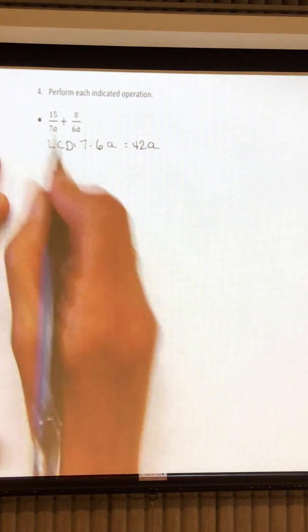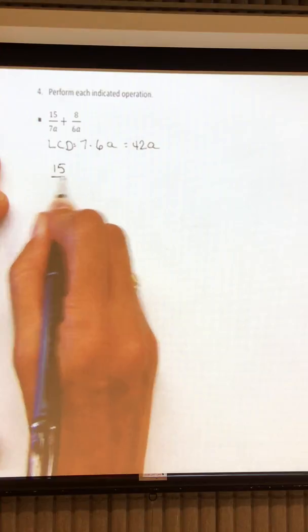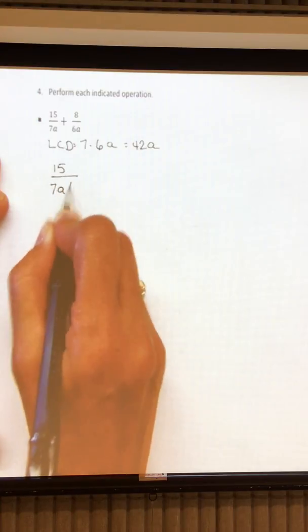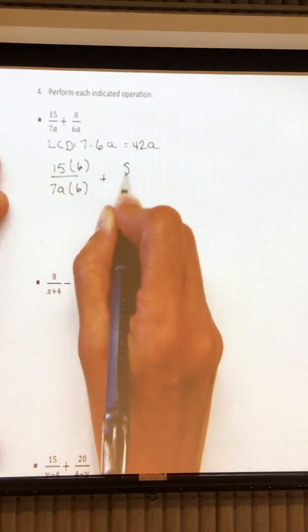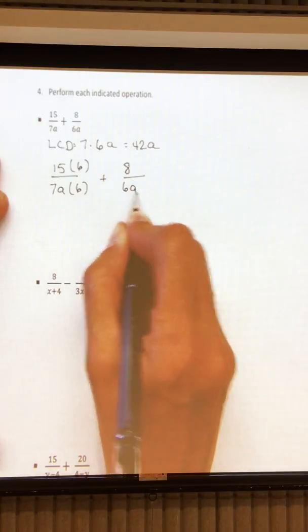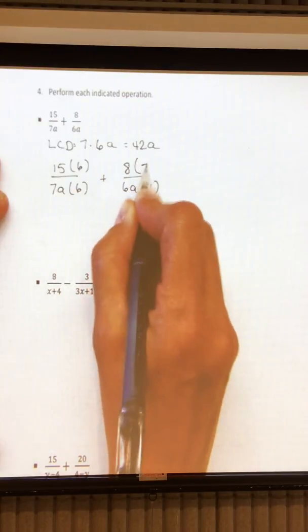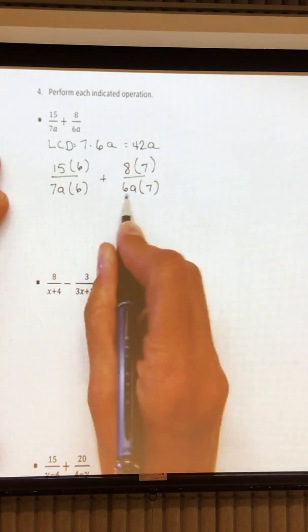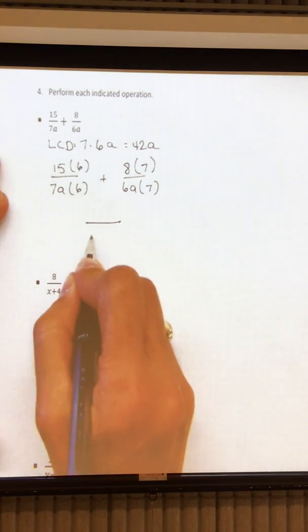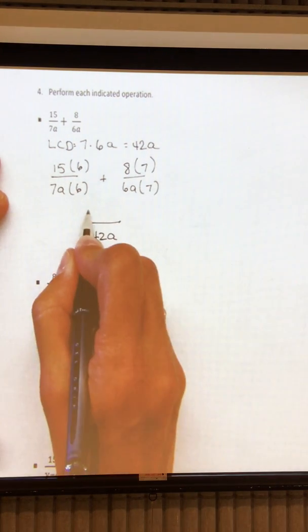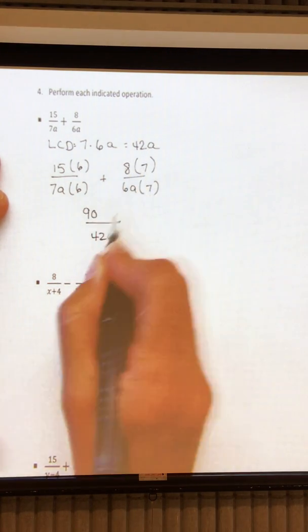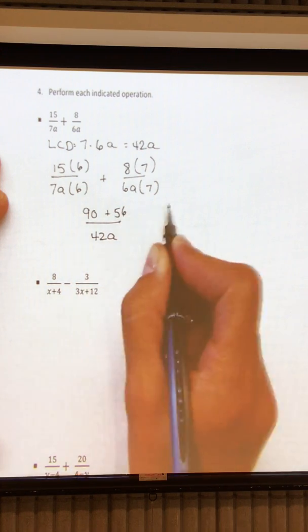So here we need to multiply the first fraction by 6, and the second fraction we need to multiply by 7. So now we have 42a, and we can combine our numerators. 15 times 6 is 90, plus 8 times 7 is 56.